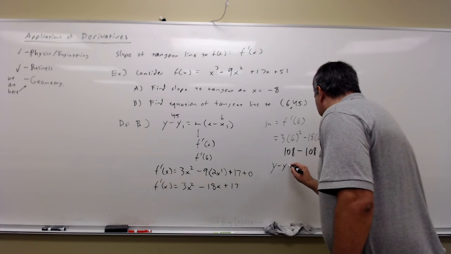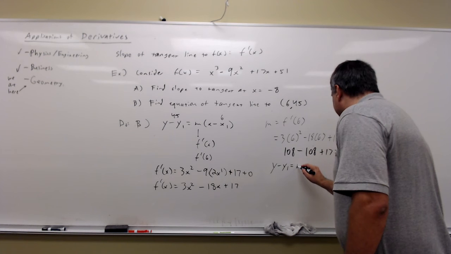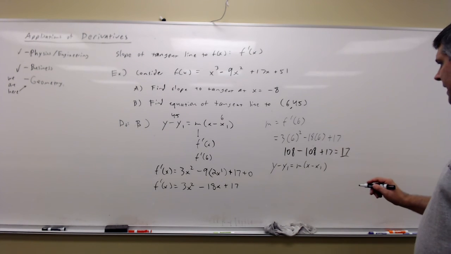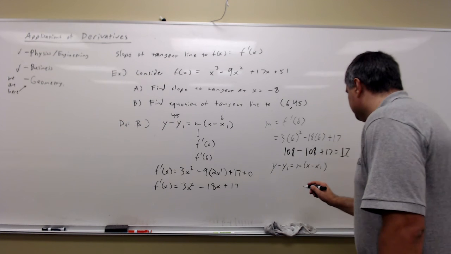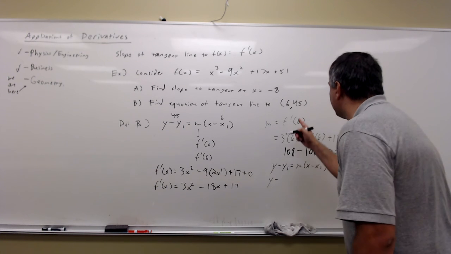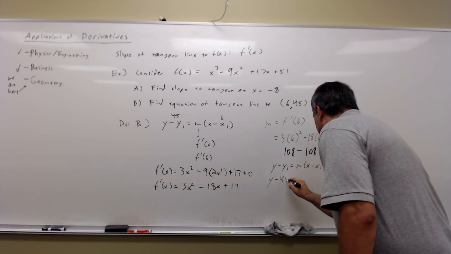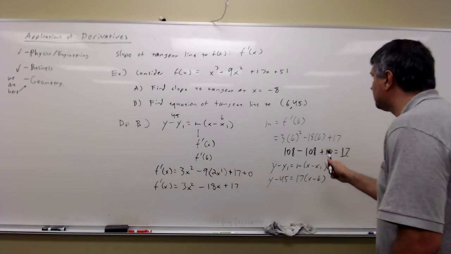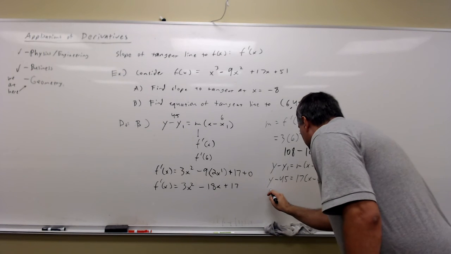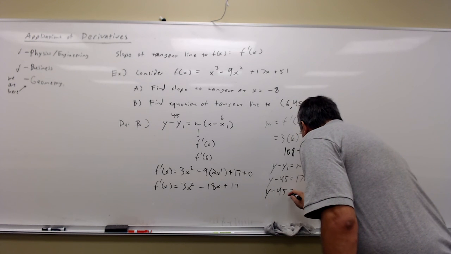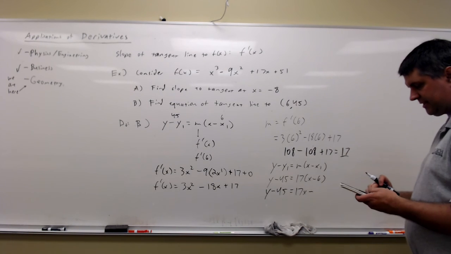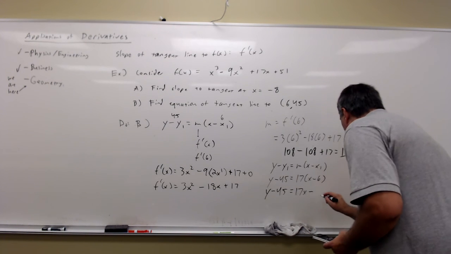So y minus y sub 1 equals m times x minus x sub 1. Well, that's going to be y minus the 45 equals 17 times x minus the 6. So y minus 45 equals 17x minus 17 times 6, 102.